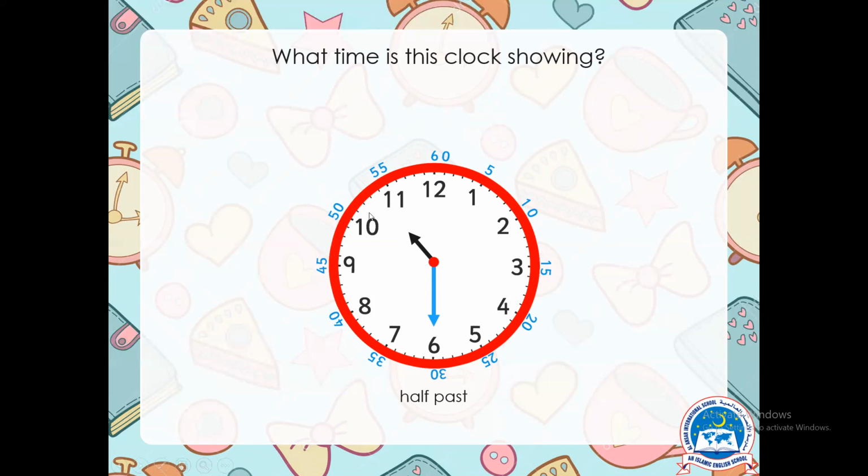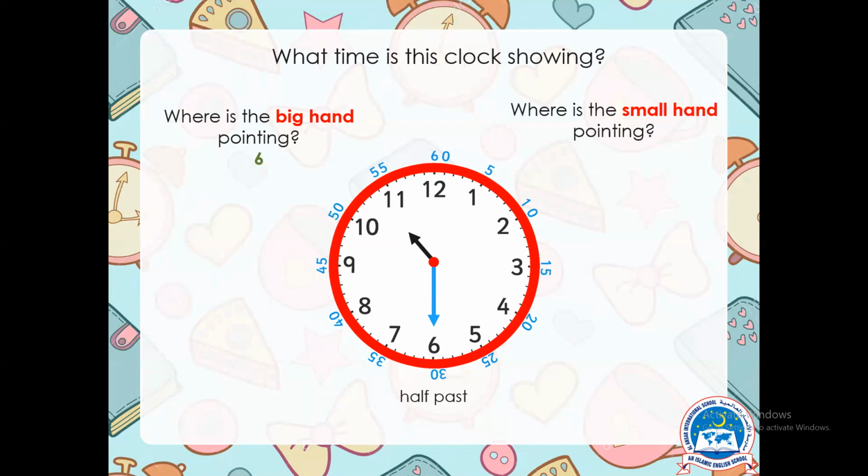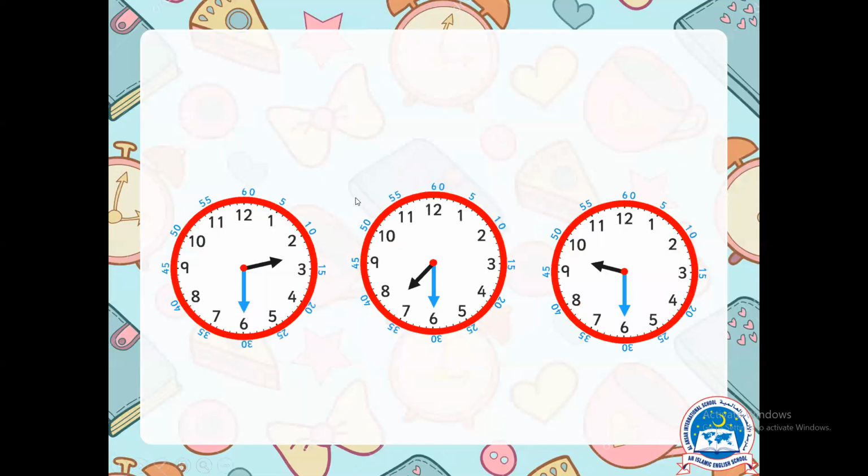And the small hand is pointing between 10 and 11. So the time is, come on, say it. Amazing. The time is half past 10. Well done. Super amazing job.